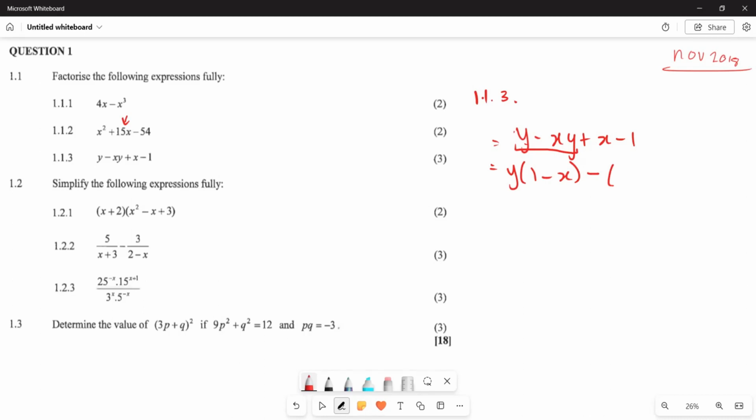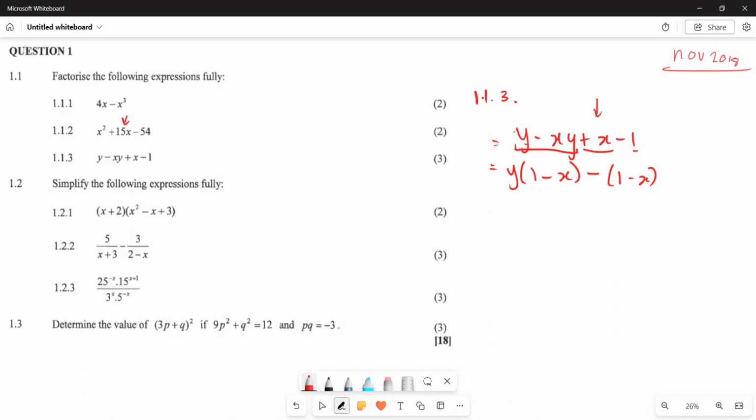So let's say you take out the negative, you are starting with the 1, so this is going to be same as your 1, because negative multiplied by 1 still gives you a negative 1. But now here you're having a positive x, so this must be your negative x, so that when you multiply it back, it still gives you your positive x. All right, so basically that is going to be this one.